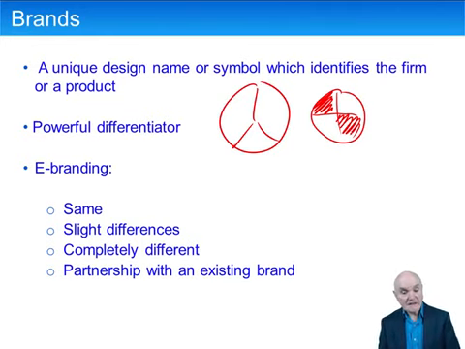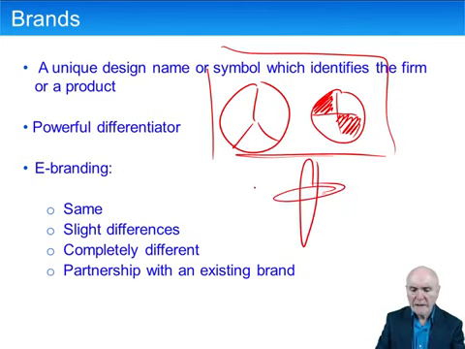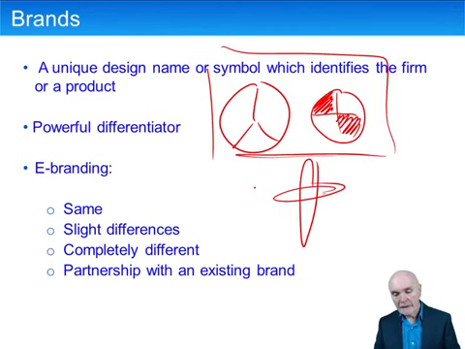Secondly, they are, as it says here, powerful differentiators. Associated with the brand is, for example, quality. So it could be a differentiator which says, as both these would do here, they are relatively expensive, but they're smart, upmarket executive type vehicles. If you come across a car brand like this, I'm trying to draw the Toyota one, then you know that it's probably good quality.